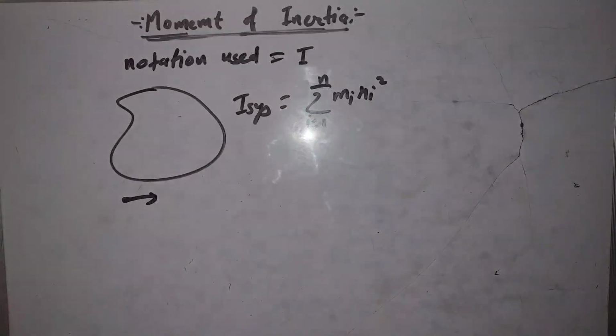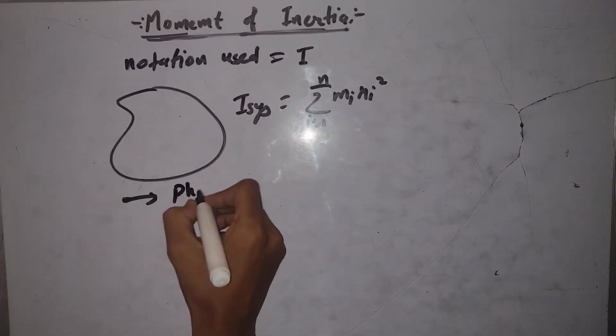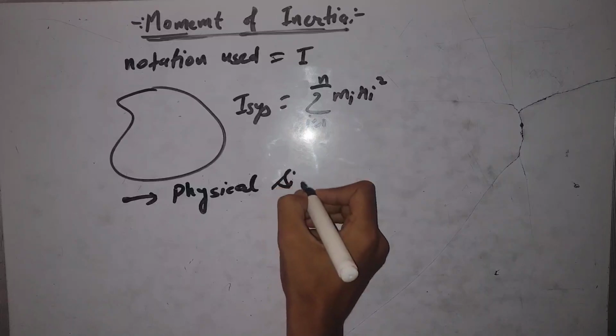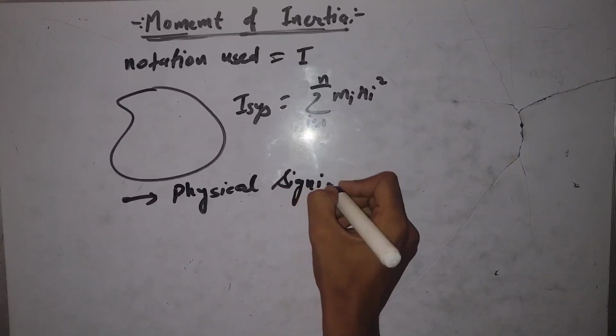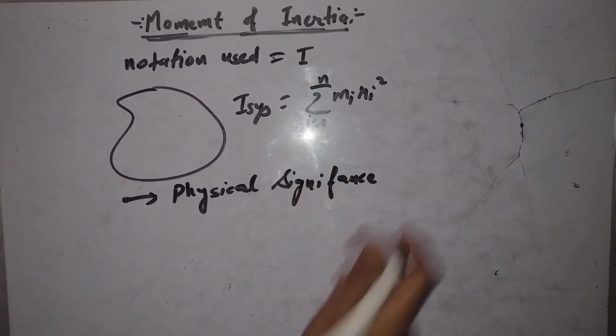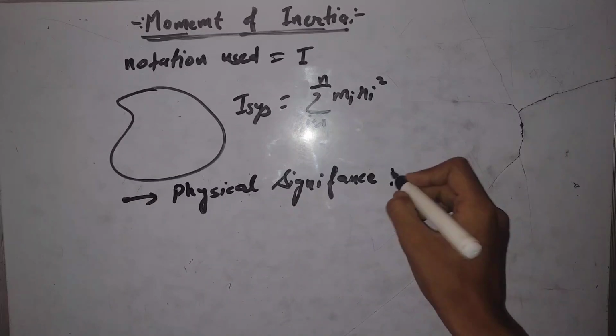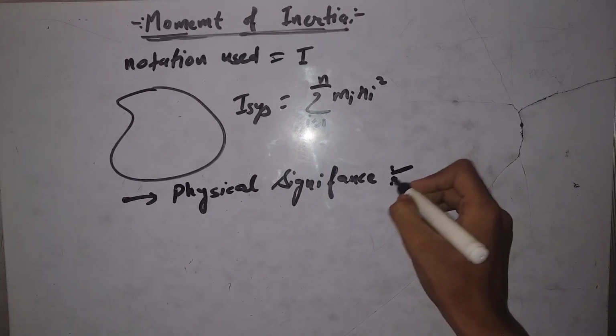But what is actually the physical significance? That is not actually covered in books, and many people lack the physical significance and the concept behind it. So we'll talk about that in detail.